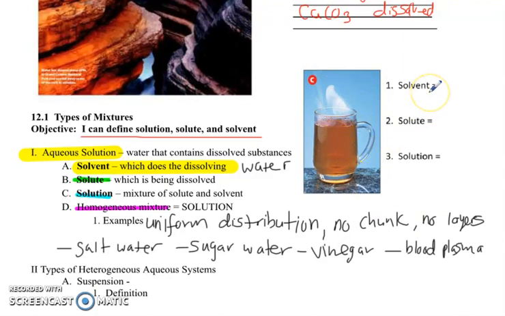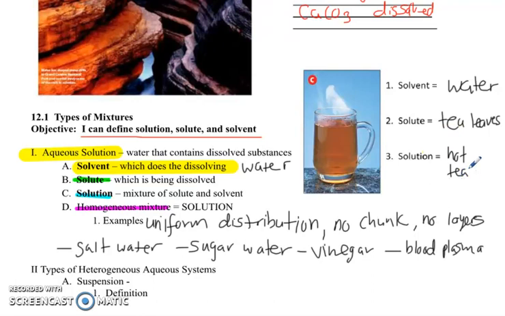What would the solvent be if you're making a cup of tea? What's doing the dissolving? Everybody? Water. Good. What is being dissolved? Tea leaves, tea dust, maybe instant tea powder based on whatever you bought. So the tea leaves. And then my solution would be the hot tea.